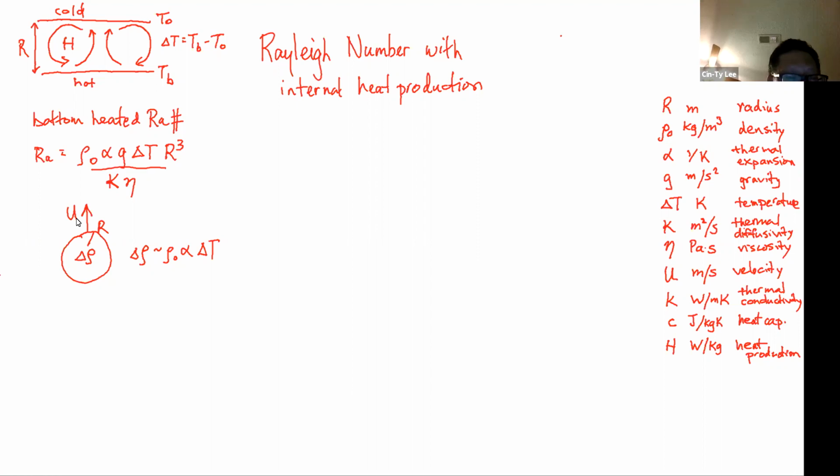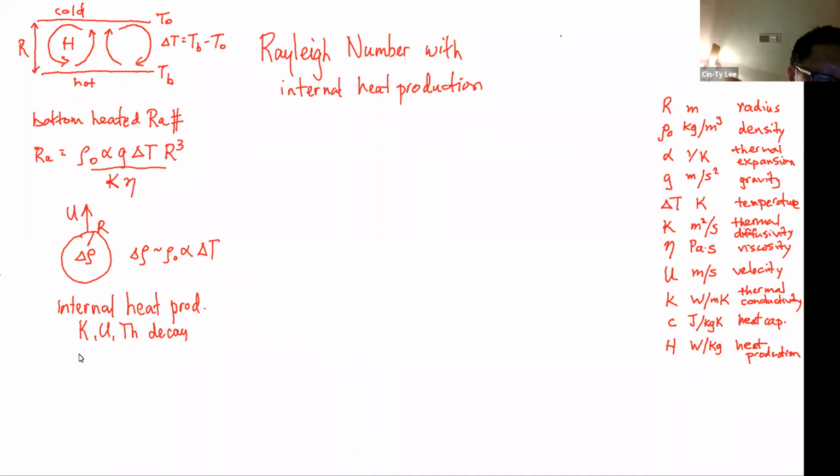Now, we could consider this case if the reason why this thing is hotter relative to its surroundings is because it is undergoing internal heat production, right? Due to potassium, uranium, thorium decay, okay?